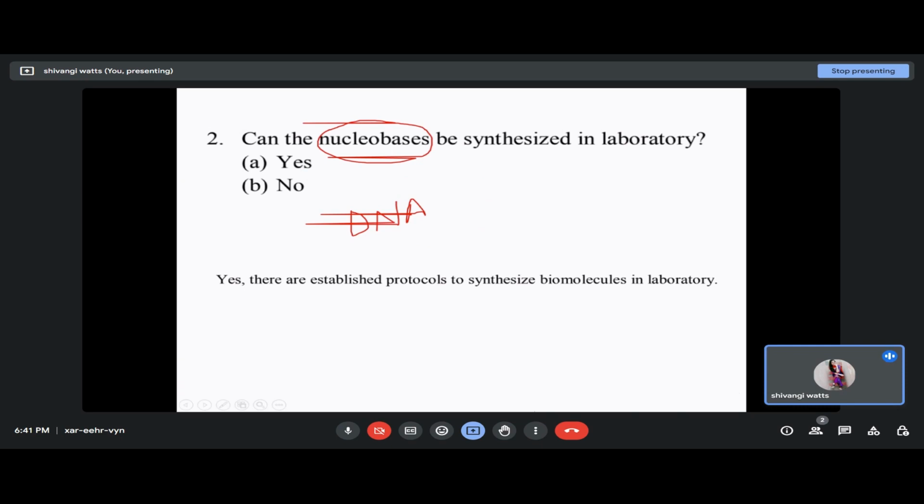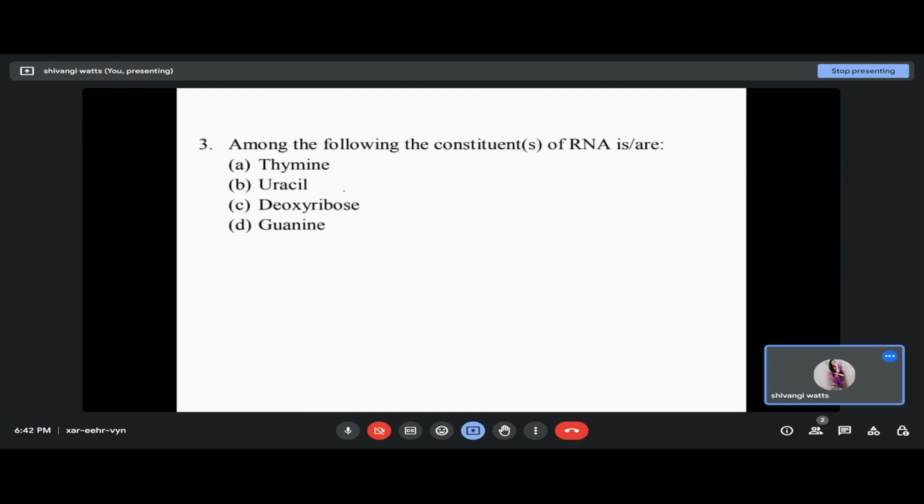Yes, there are established procedures to synthesize the biomolecules in the laboratory. So yes, nucleobases can be synthesized in the laboratory.